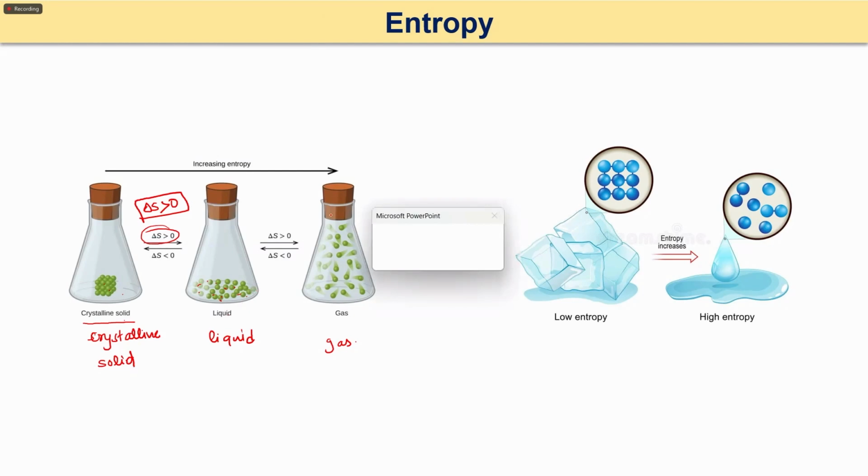So if you go from liquid to gaseous phase, your entropy will be more. That means your entropy will increase. So if you take the difference, your delta S will be greater than 0. Okay, this is written over here.